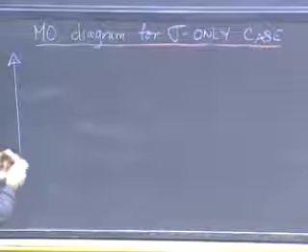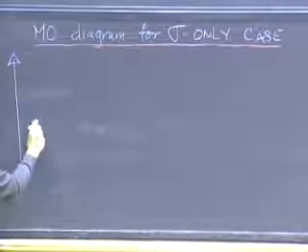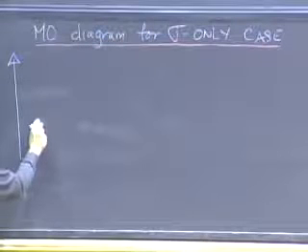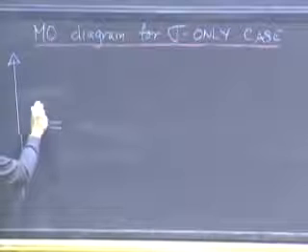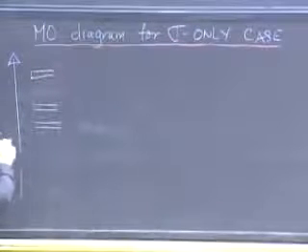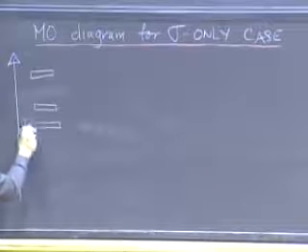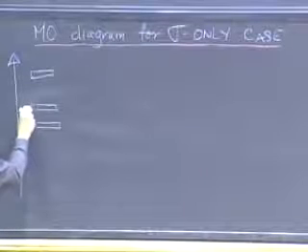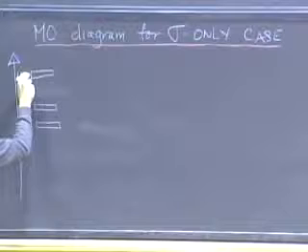And so I'm going to draw the metal valence orbitals over here as follows. We have on the metal the 3d, the 4s, and the 4p.